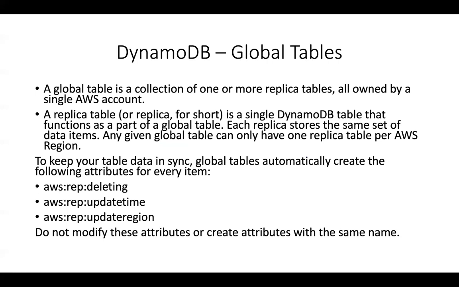And you can look at the item in your DynamoDB table and you'll be able to see these attributes, right? And they specifically say do not modify these attributes, but I think I was able to see these attributes in the year 2017, but I'm not able to see this right now, which means it's really good that they have kept it under the hood because you don't want anyone to mess with these values, right? Because the synchronization will then not happen.